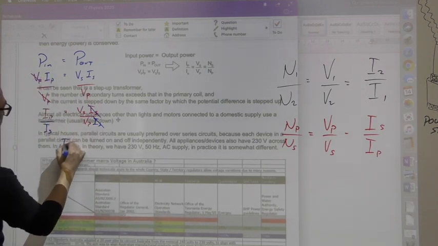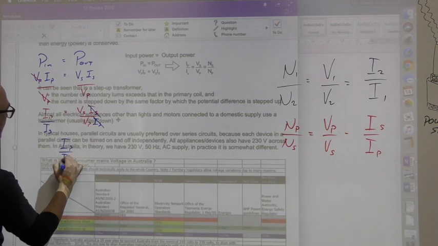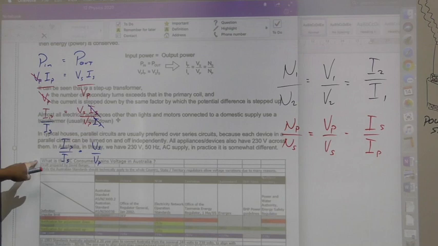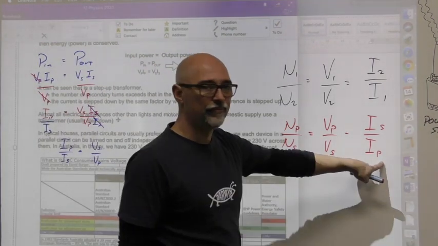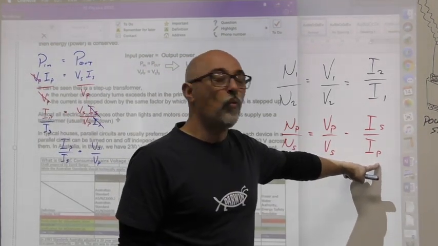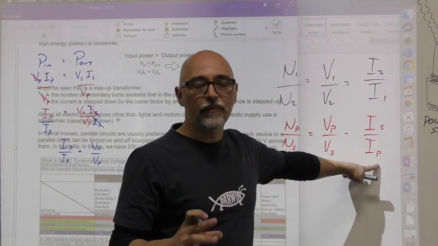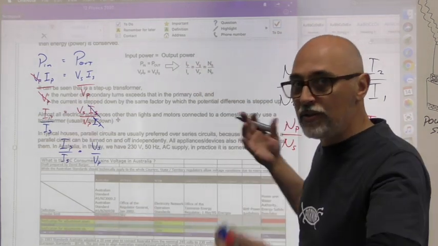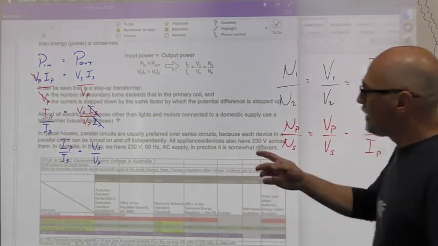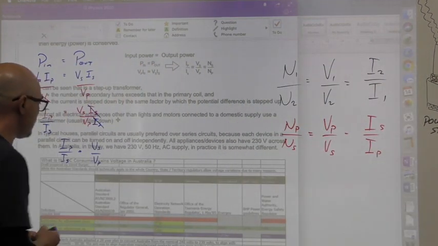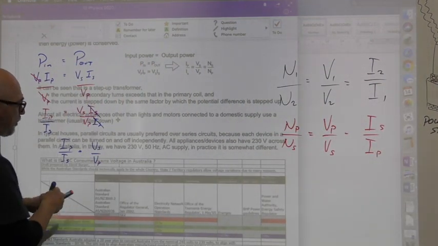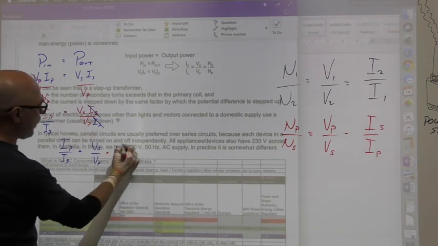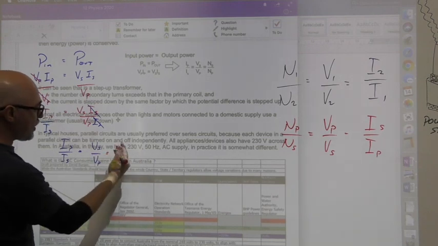I get this: current primary over current secondary is equal to voltage secondary over voltage primary. It is that, as you can see. So it's the major part of the transformer analysis equation that you're supposed to use throughout this chapter. And with a bit more math you add on the number of turns. Number of turns and voltages always line up, okay?